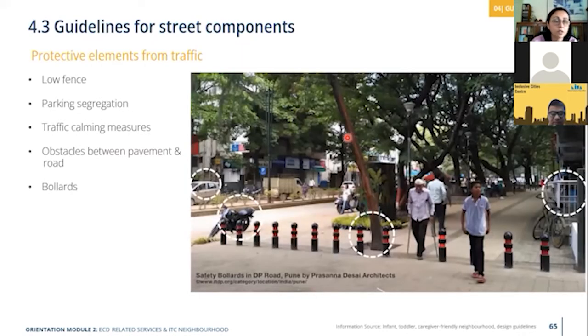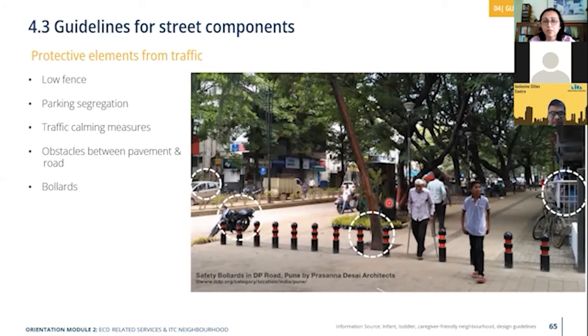So the first component, which is easy to understand, is that we can have traffic protective elements that can be safeguarding the ITC unit from the traffic. Here we can see that bollards are placed, and like I mentioned, some of them are placed wide apart to be able to facilitate the kind of people that you would have. Other ideas here could be to have a low fence where there is a private property so that there is visual connectivity and it feels safe.